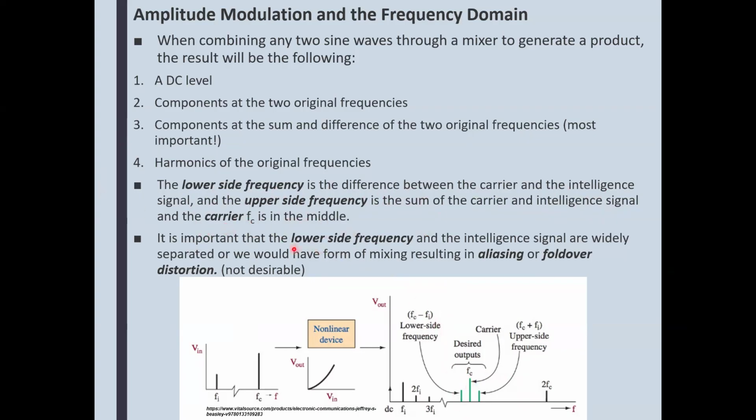There we go. It is important that the lower side frequency and the intelligence signal are widely separated, or we would have a form of mixing resulting in aliasing or fold-over distortion, one channel affecting the other.